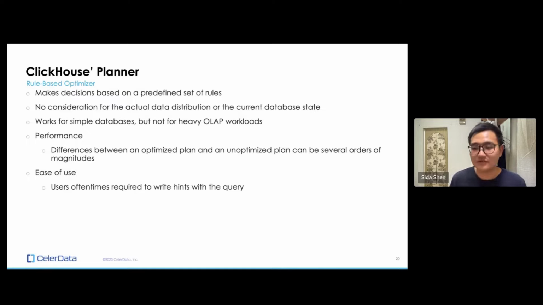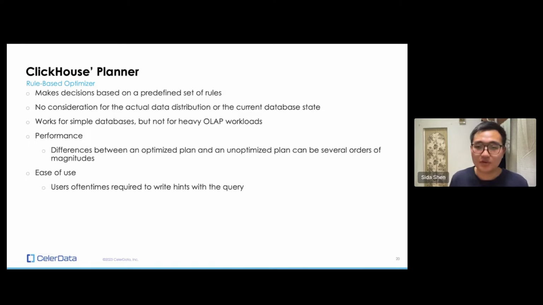No consideration for the distribution of the data, like the min, max or histogram. And there's really nothing wrong with a rule-based optimizer if you're not doing complex queries. So it works for simple databases, but not really for OLAP workloads.